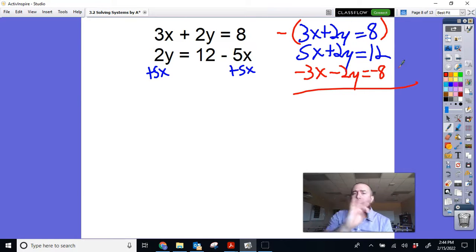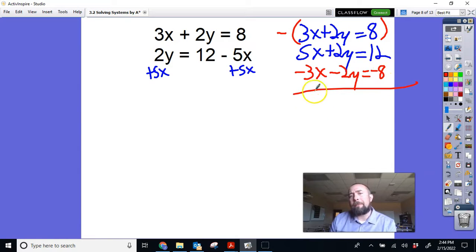And then double check yourself: if you write an 8 over here for 3x plus 2y, make sure when you move it to the other side, it's still 3x plus 2y and 8. Make sure that you haven't changed anything. When you multiply by a negative, then yes, you're going to change those numbers. So just make sure you're paying attention to what numbers you actually have.